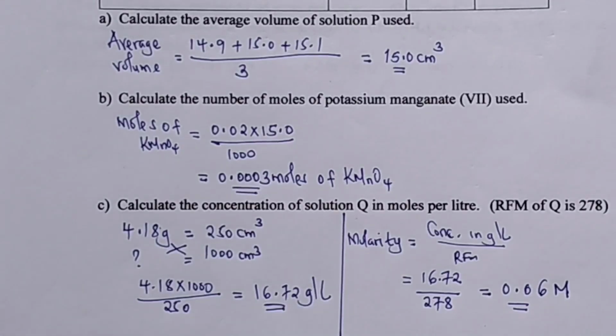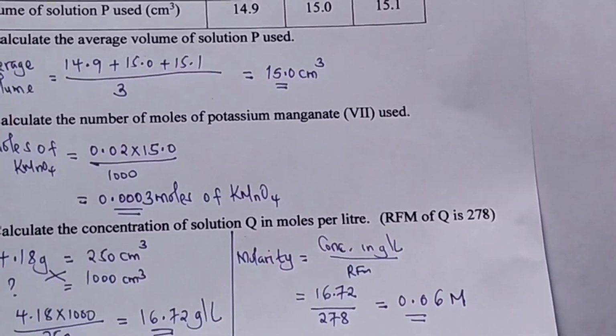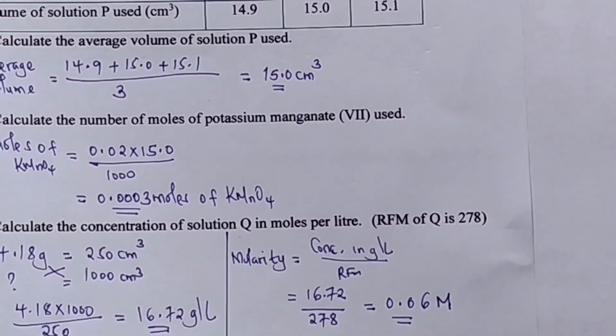So next, part D, we are told to determine the number of moles of Q in 25 cm³ of solution. Remember, we have gotten in part C the molarity of solution Q to be 0.06 mole.